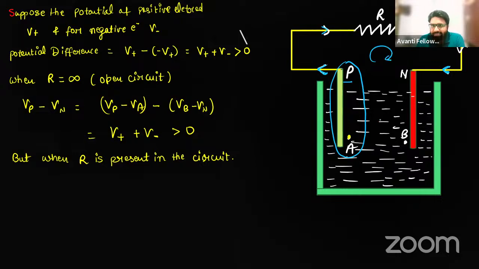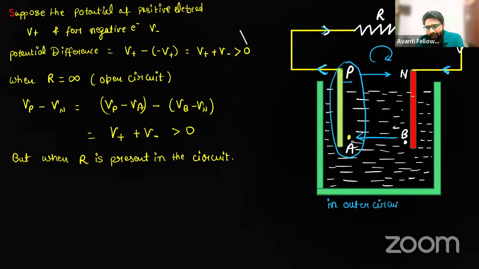But in the inner circuit, if you see, the current will pass through this P and then come to the A, and then again P to N and B and A. So in the internal circuit, current is flowing from B to A, and in the outer circuit, the current is flowing from P to N. So this direction is opposite.